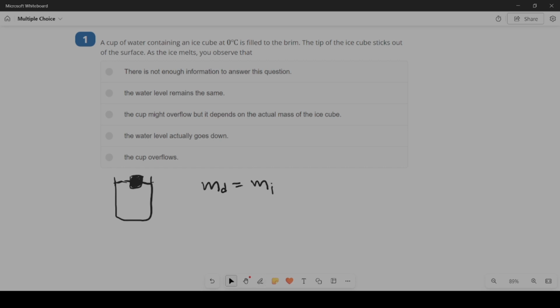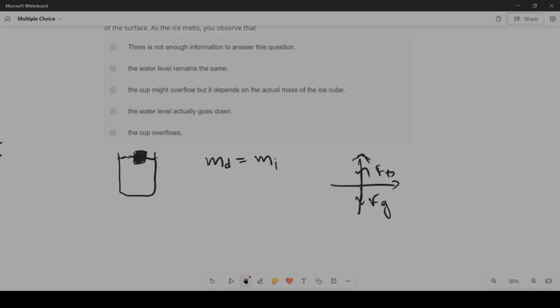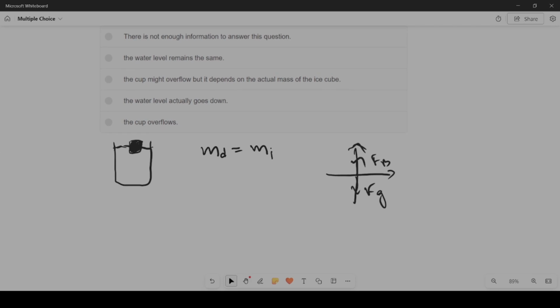Why? Because, well, the forces acting on this ice cube are buoyant force and force of gravity, right? They have to be the same so that the object is not moving up or down. So we have that buoyant force equals force of gravity.